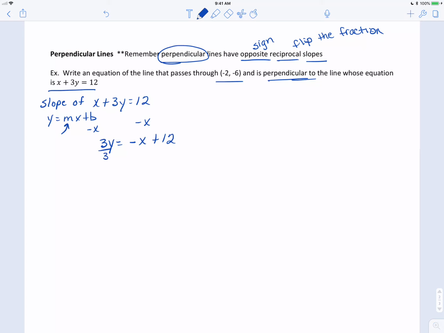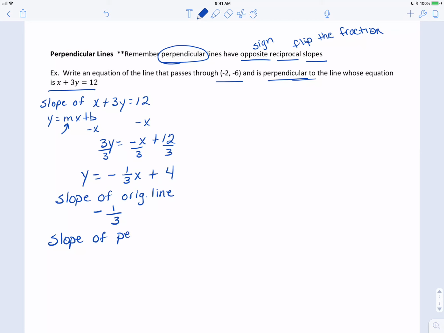Then we have to divide every term by 3. So y is equal to -1/3 x plus 4. Well, the slope of the original line is what? The -1/3. So what's the slope then of its perpendicular line?